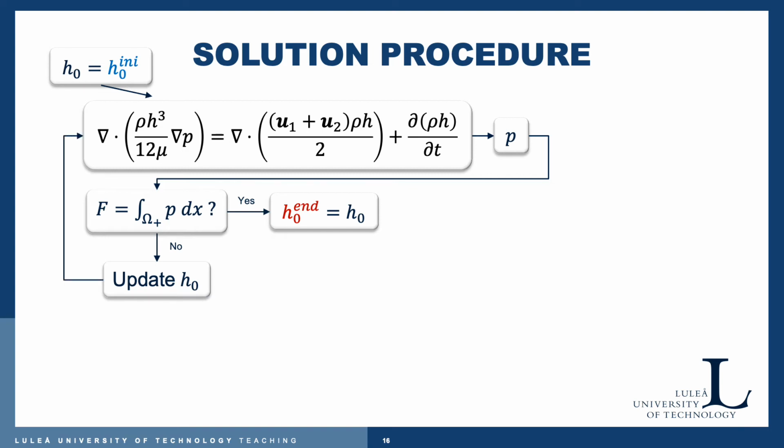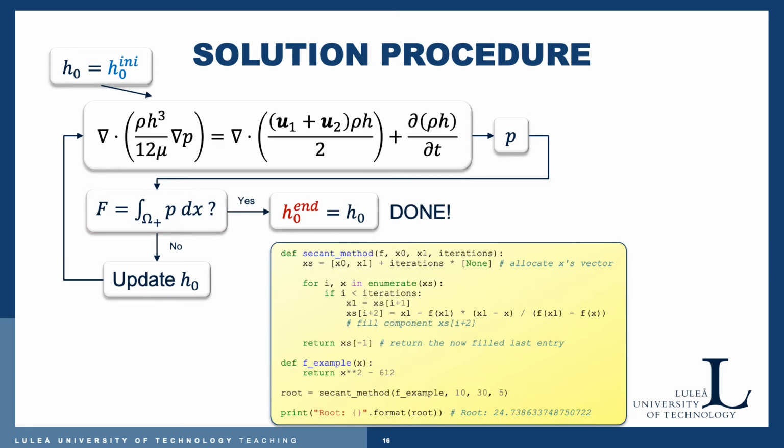So we update H0 based on the difference between F and the integral of the pressure. We insert this one, update the film thickness H in the Reynolds equation, we compute again and update, and hopefully we're now done. And this solution procedure can be implemented, for example, by means of the secant method.